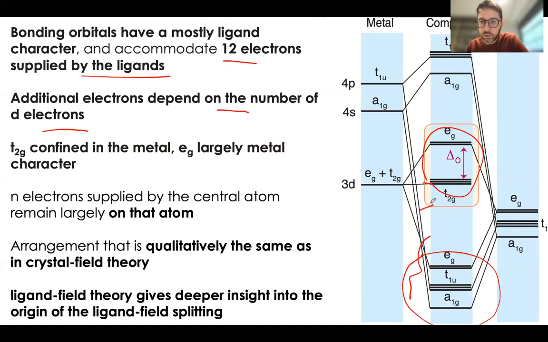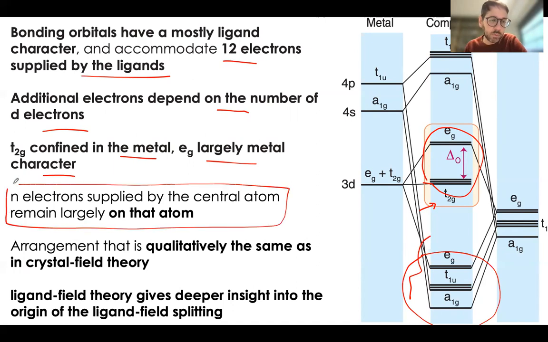So the t2g orbital remains largely confined to the metal because it is non-bonding, and eg also has metal character. So the n electrons supplied by the central atom remain mostly on the central atom. So this arrangement qualitatively is the same as the one given by the crystal field theory.